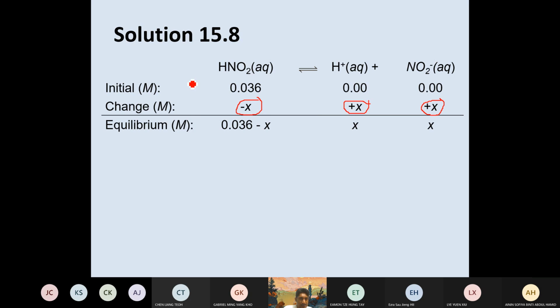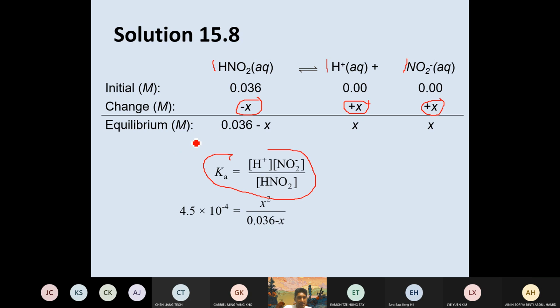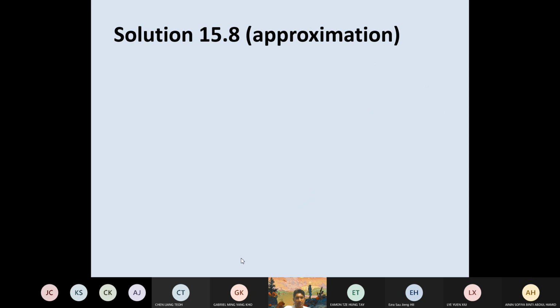The logic is that if 1 mole is broken, 1 mole of hydrogen ion and 1 mole of nitrate ion is produced, which is why we consider X. From there, we can write the acid dissociation constant equation, put in the values, and find the unknown.